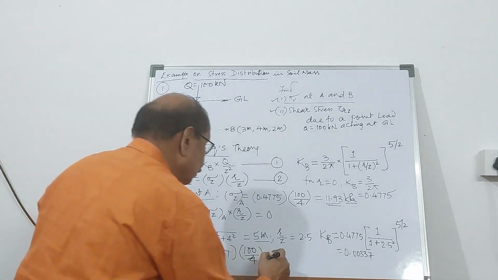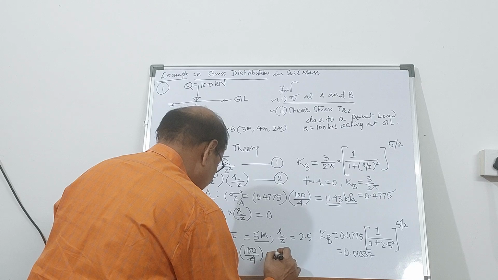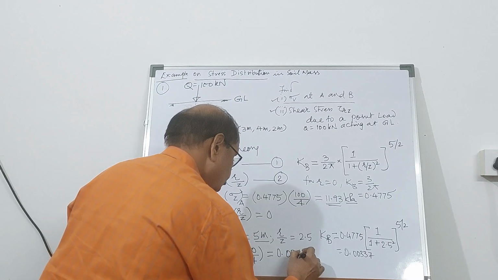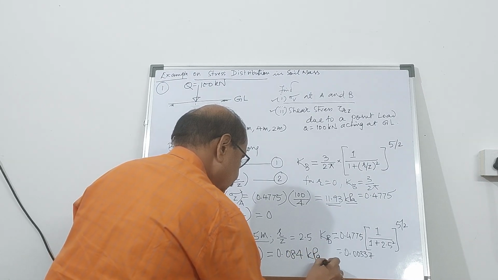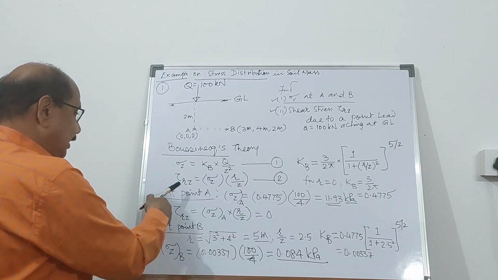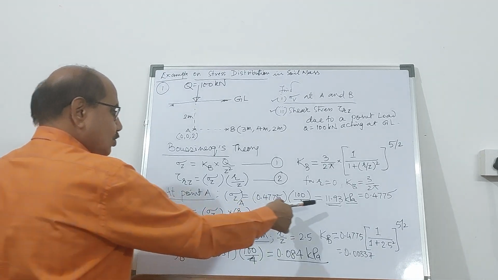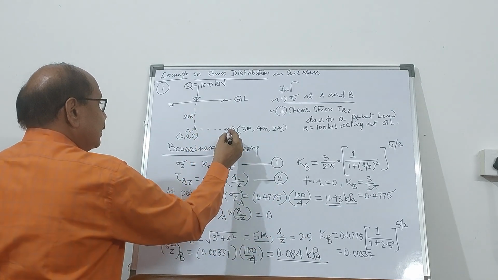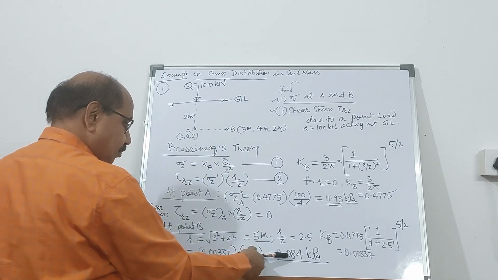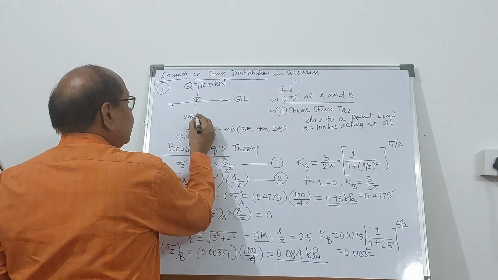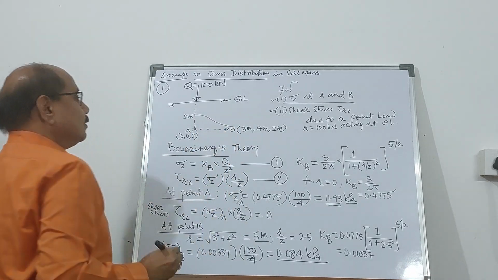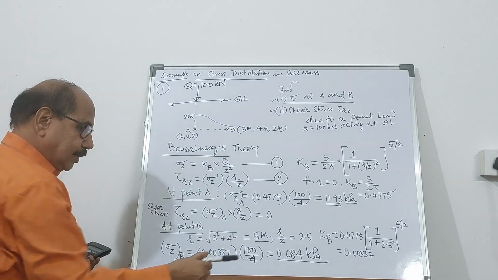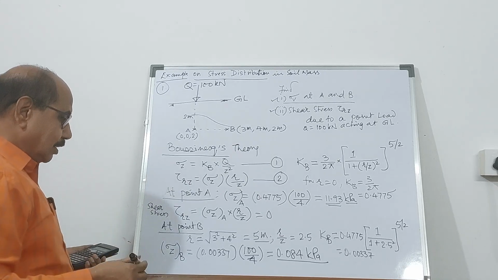So the vertical stress becomes 0.084 kilopascal. So the value of sigma Z at A is 11.93 over here, and at B it becomes 0.084. So it decreases. The maximum value you are getting here, and at B the value is going to be quite less.